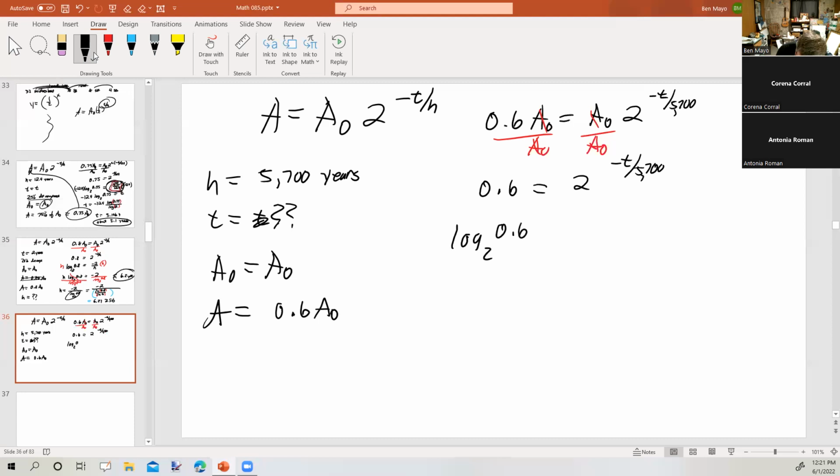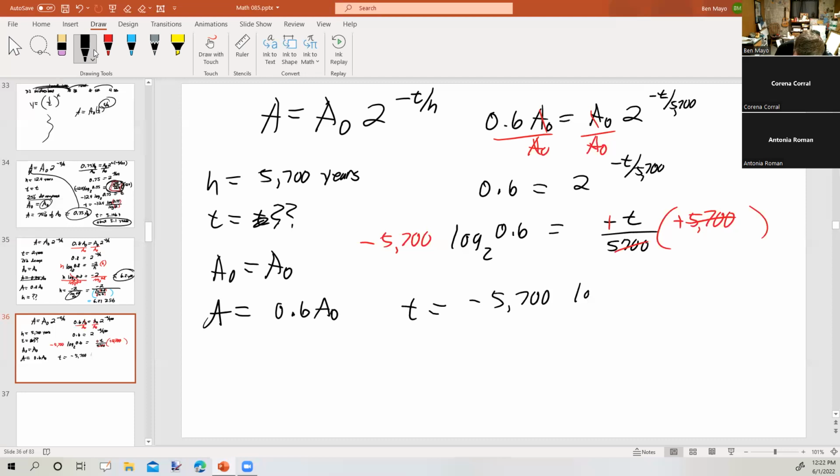Log base 2 of 0.6 equals negative t over 5700. We're trying to solve for t. So this is kind of like that first problem where I'm going to multiply both sides by negative 5700. The 5700s cross out and negative times negative is positive. So I get t equals negative 5700 log base 2 of 0.6.